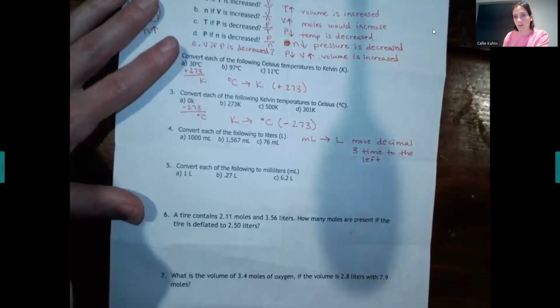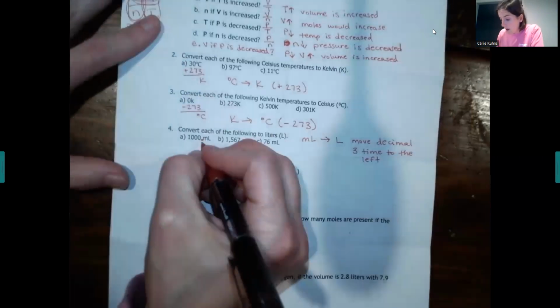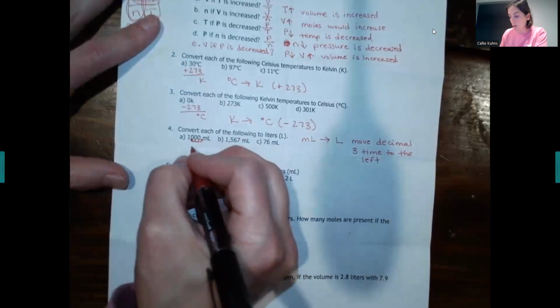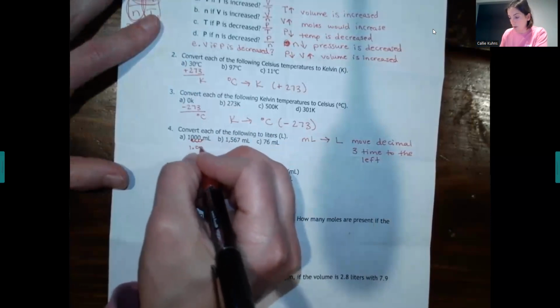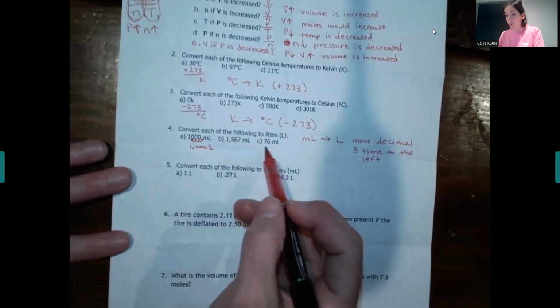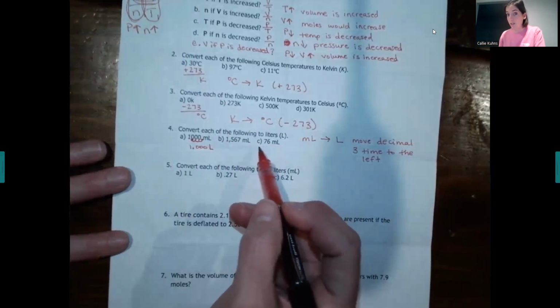There's an imaginary decimal at the end of a number if there's not one present, and then we move it over 3 times. So this one would end up being 1.000 liters. You can do B and C on your own, but it's 3 times every time. If you're moving it over twice or 3 times here, you're going to have to add a 0 in front of it. So don't forget that.